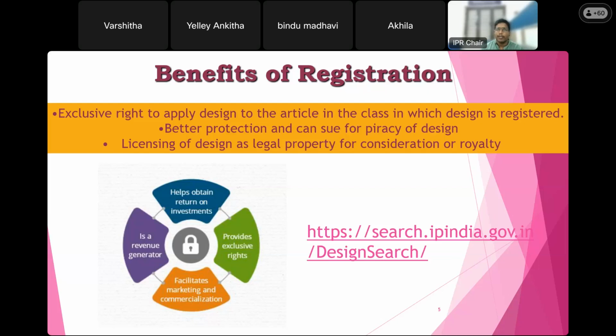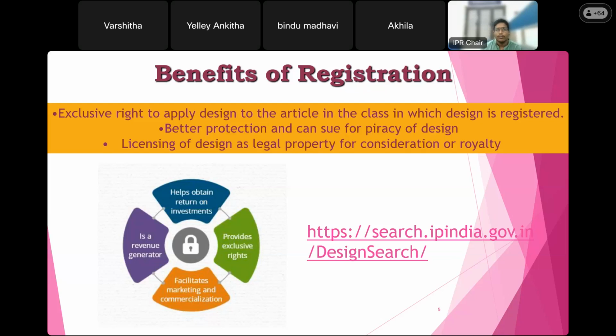If you want to protect the design of a bike, it belongs to a different class. These classes are standardized through the Locarno classification. Almost most of the countries in the world follow the Locarno classification, including India, like a standardization.